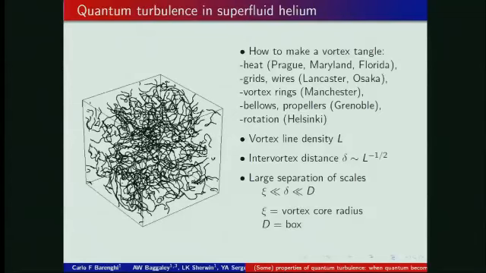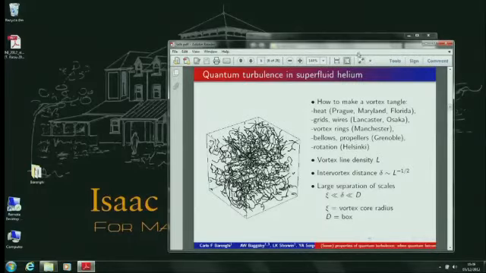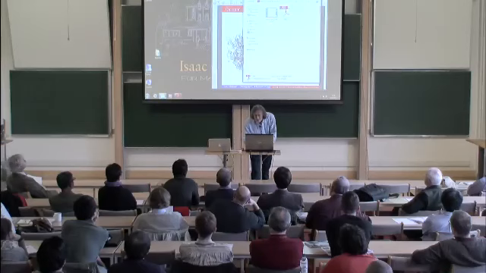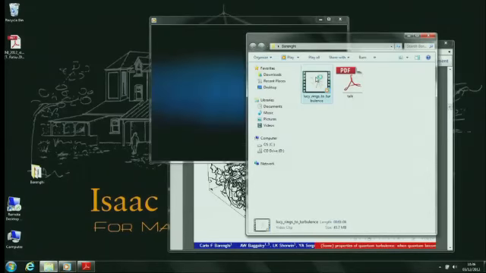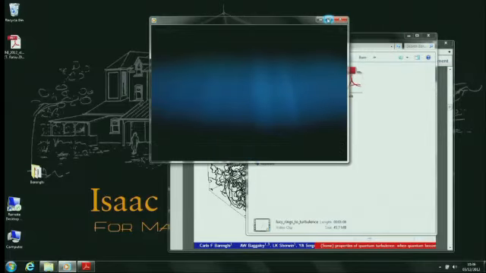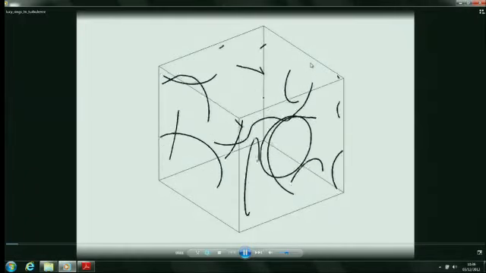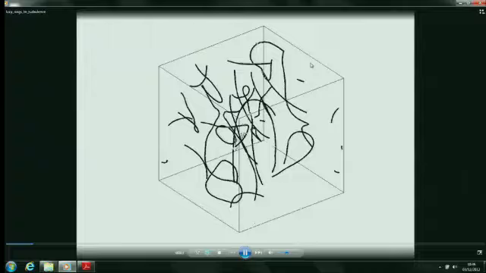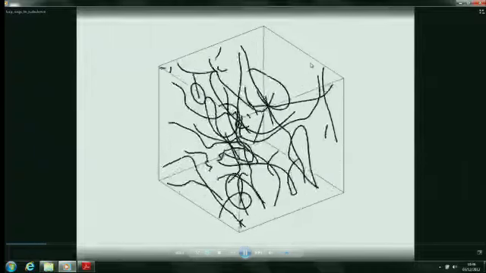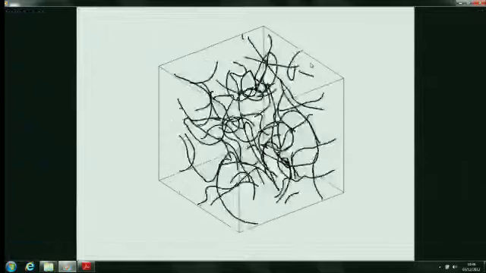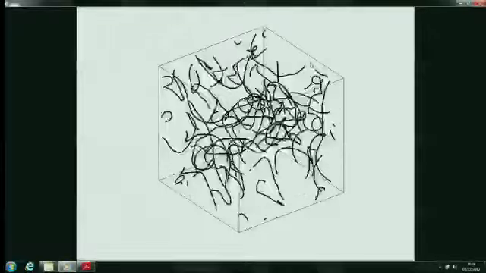Now, to give you a flavor of this turbulence, I would like to show you a little movie which is the result of a numerical calculation done by Andrew Bagley and Lucy Sherwin. So we have a periodic box, and you see the injection of some vortex loops which interact with each other, reconnect with each other.